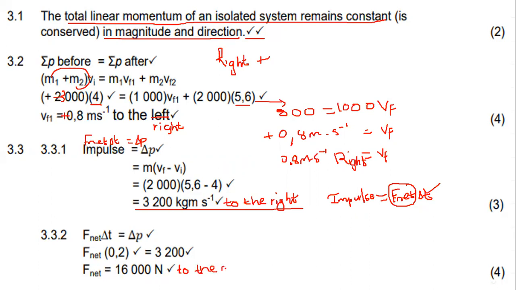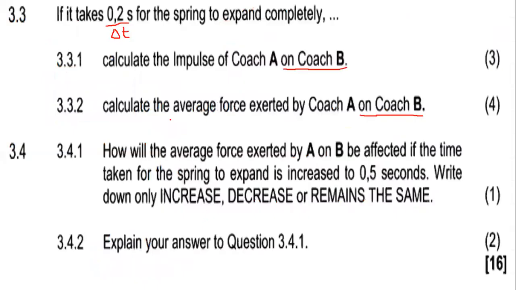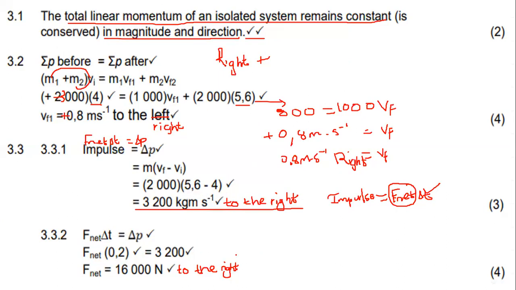Because we were asked to calculate the average force. We were not asked to calculate the magnitude of the average force. So there, my dear learners, we actually have an omission. The full mark is for 16,000 newtons, and that is definitely to the right. And that will then give us 4 marks.